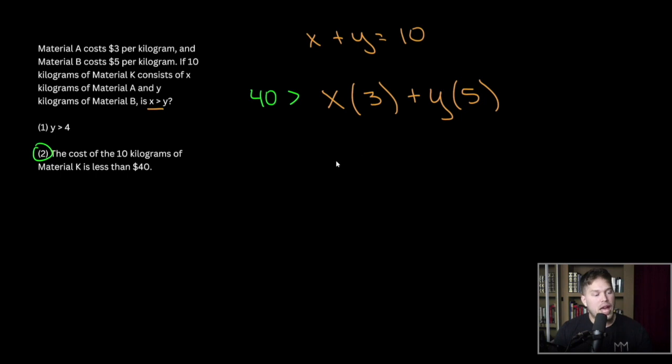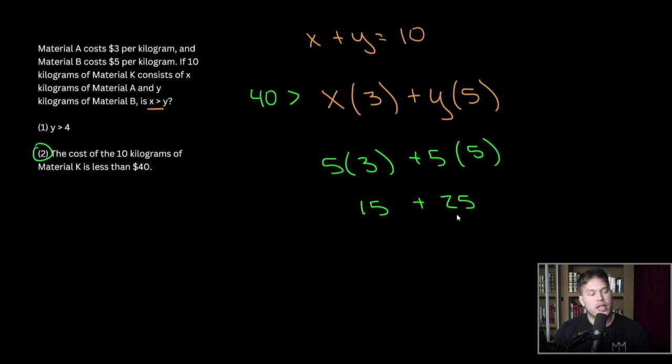So if X was 5 and Y was 5, then we would have 15 plus 25, and this equals 40. This is not less than, so we know that we won't be able to have the same amount of material in each. So this implies that we need to have fewer Y values and more X values. So statement 2 alone is sufficient to answer the question, so our answer is going to be answer choice B.